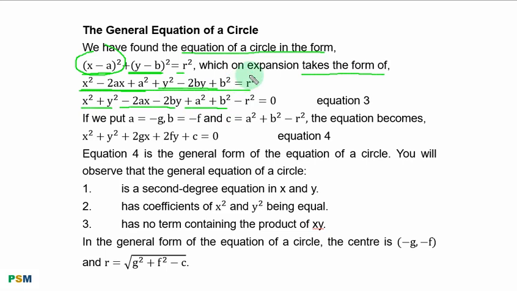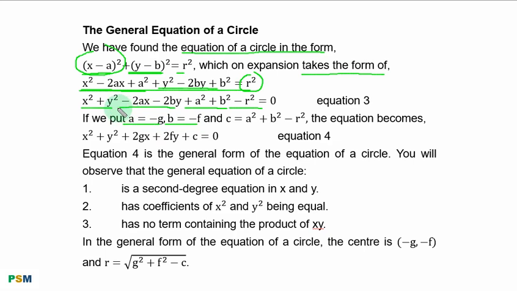We have to transfer r^2 to the left hand side. It becomes minus r^2 equal to 0. Equation 3. If we put a equal to minus g, b equal to minus f.